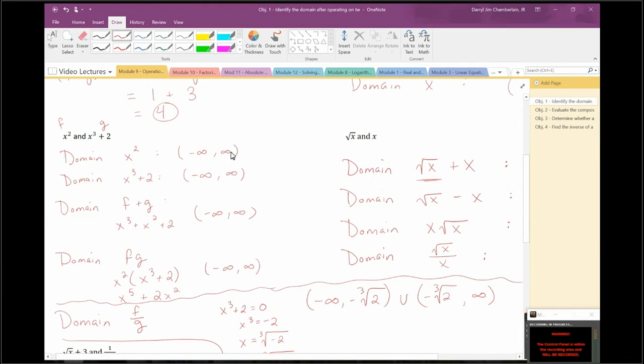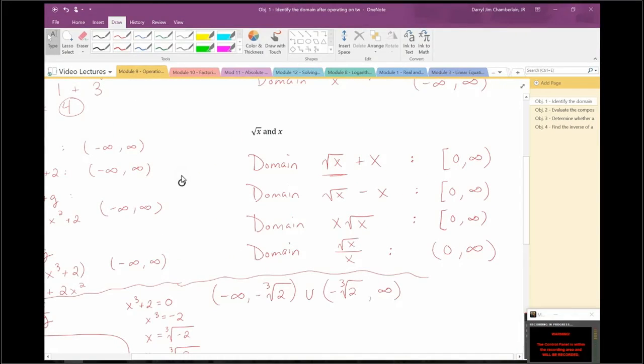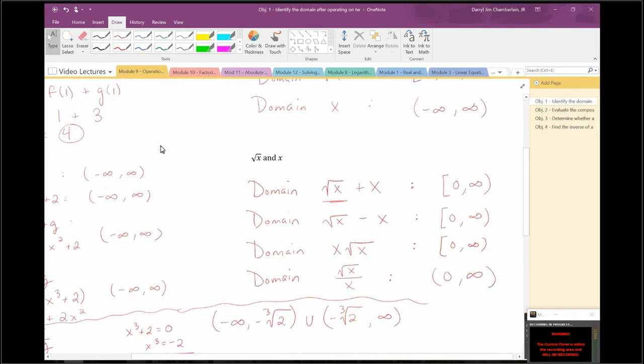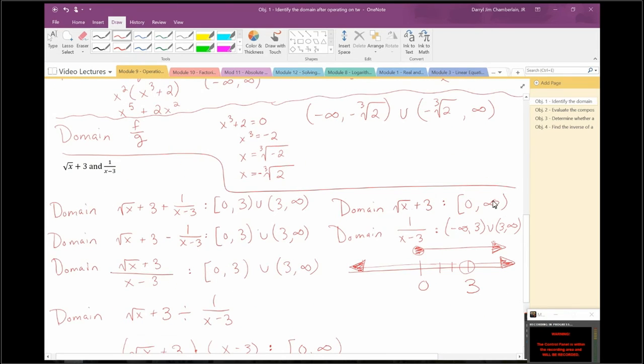So the intersection of everything and everything was everything. The intersection of 0 to infinity and everything was 0 to infinity. And the intersection of 0 to infinity and everything but 3 is 0 to 3 and 3 to infinity.